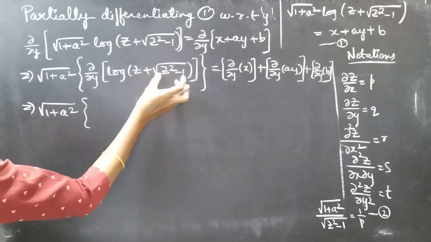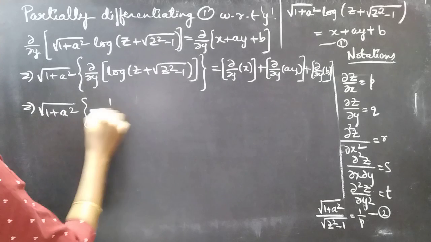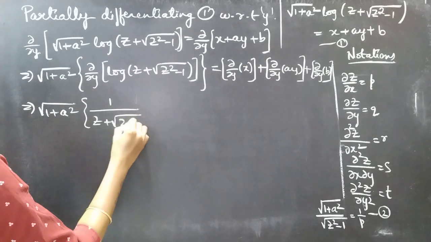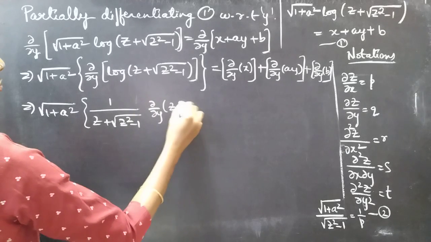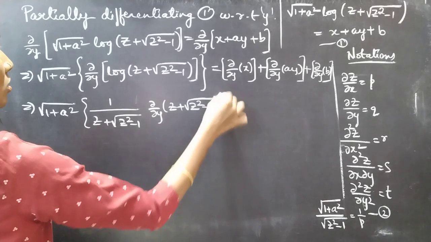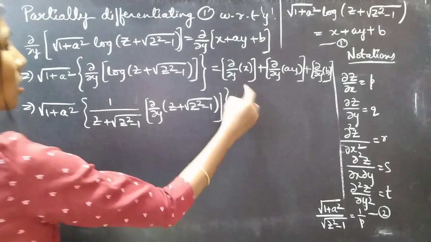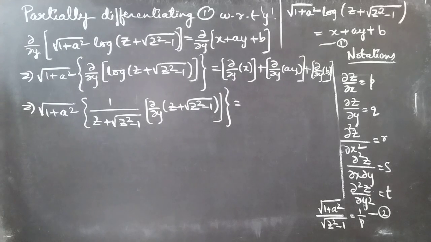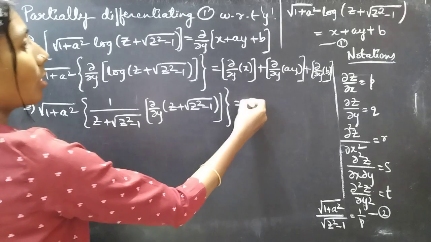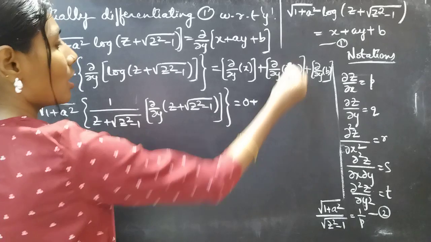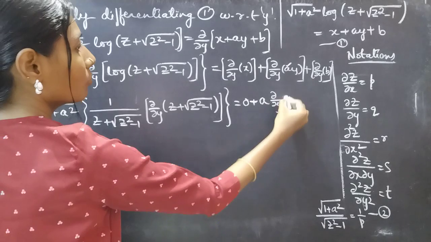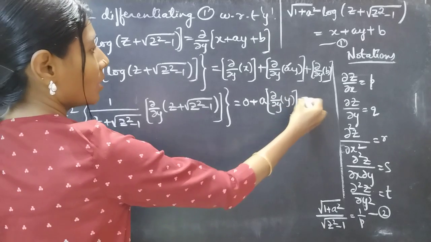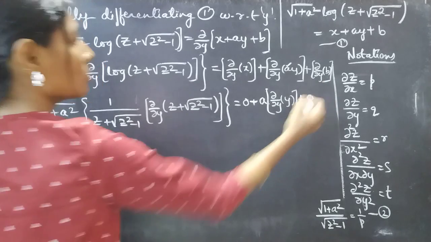So partial derivative of log of z plus square root of z square minus 1 is 1 by z plus square root of z square minus 1 into inner derivative, that is dou by dou y of z plus square root of z square minus 1 equal to, since we are partially differentiating with respect to y, so we'll treat x as constant here. So we'll get partial derivative of x with respect to y is 0 plus, here we'll treat a as constant, right, since it is an arbitrary constant, so we'll write it as a into dou by dou y of y plus partial derivative of a constant with respect to y is 0.